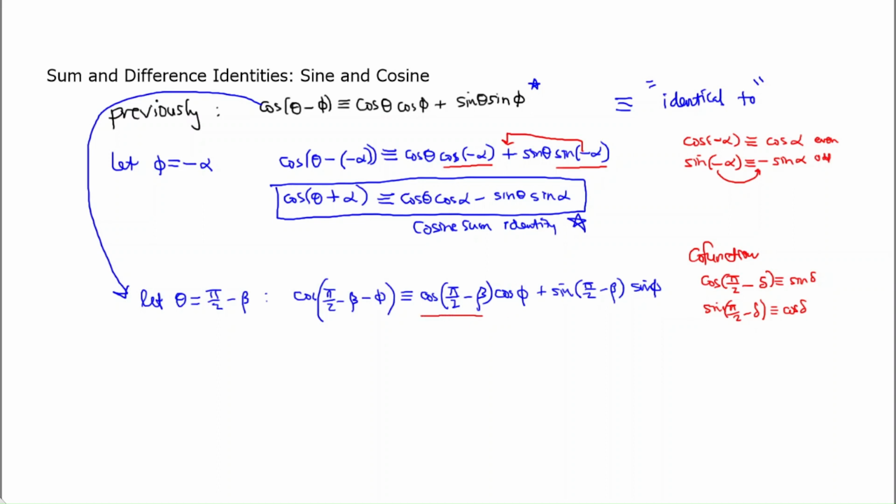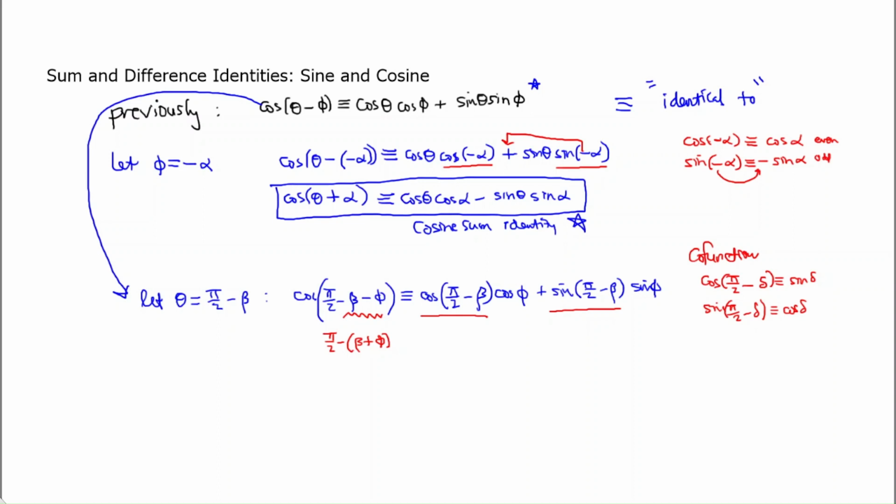All right, so I'm going to use these cofunction identities in these two positions. Okay, also notice that on the left-hand side, I can factor a negative from the beta and phi terms like that. So the argument of that cosine on the left becomes pi over 2 minus the grouping beta plus phi.